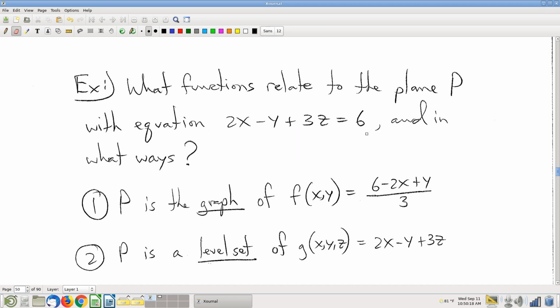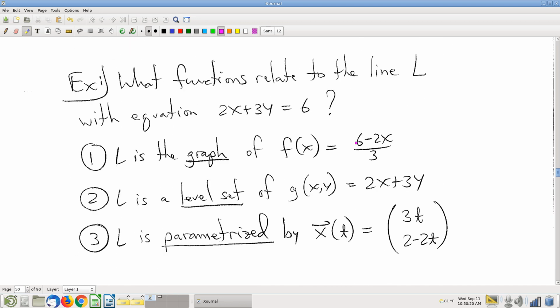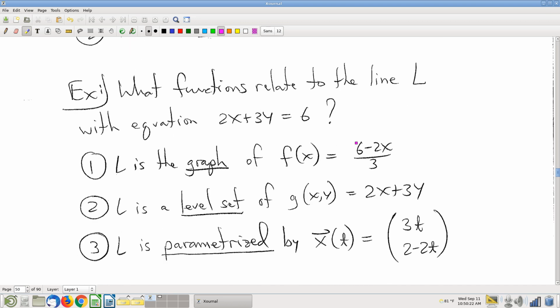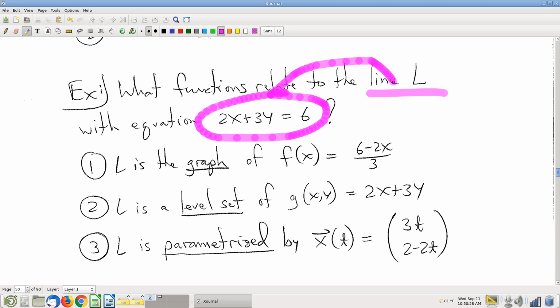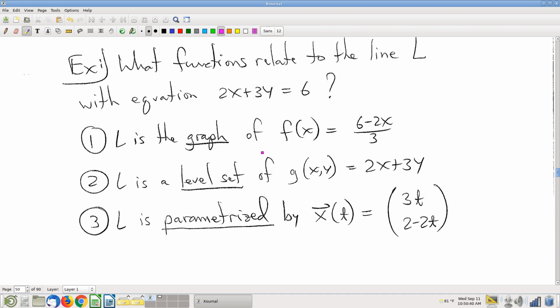Okay. All right, here's another example, by the way. This one's a little easier, a little harder, depends on how you look at it. Here we're just looking at a line. This is a line in R2, right? Algebra 1, the good old days. But look how many different ways I can relate this simple little line to different functions. I'll let you walk through the details on your own, but this is a graph of that function.